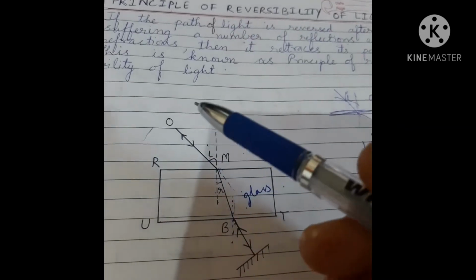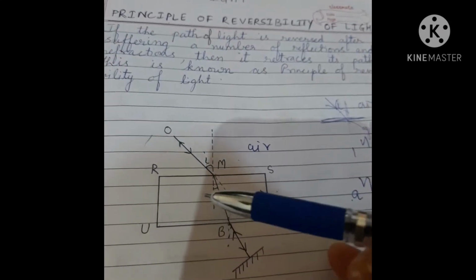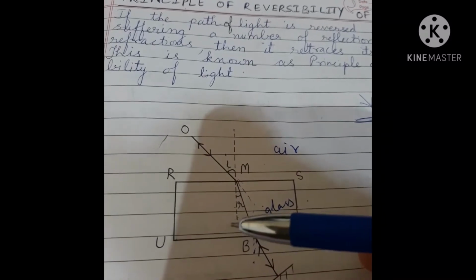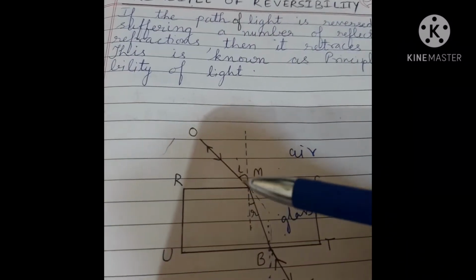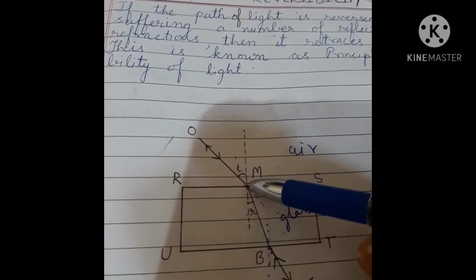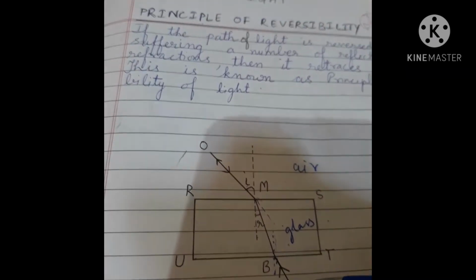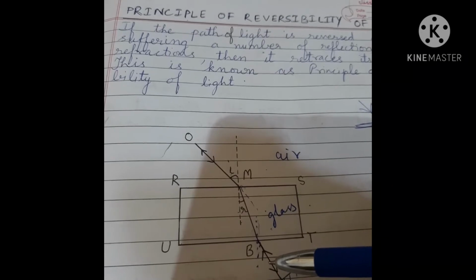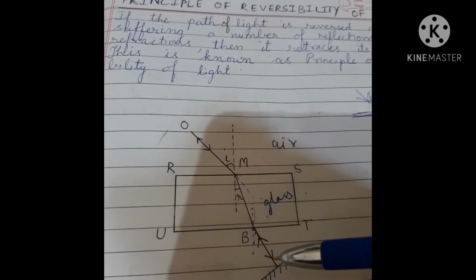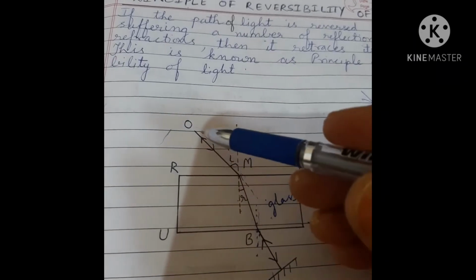If the path of light is reversed after suffering a number of reflections and refractions, means here refraction was there, here also refraction, here reflection, so a number of reflections and refractions, then what happens? The light ray retraces its path.